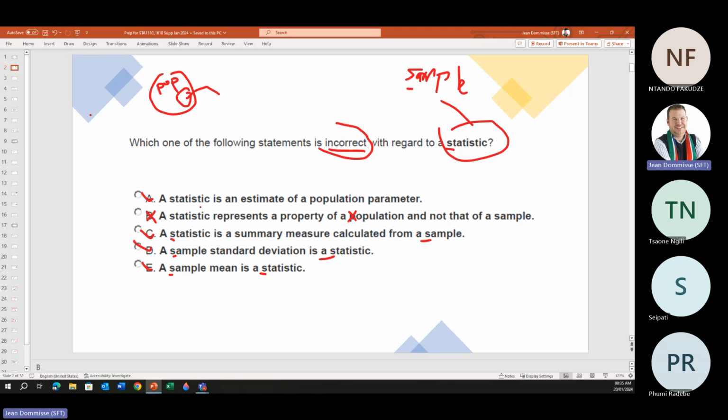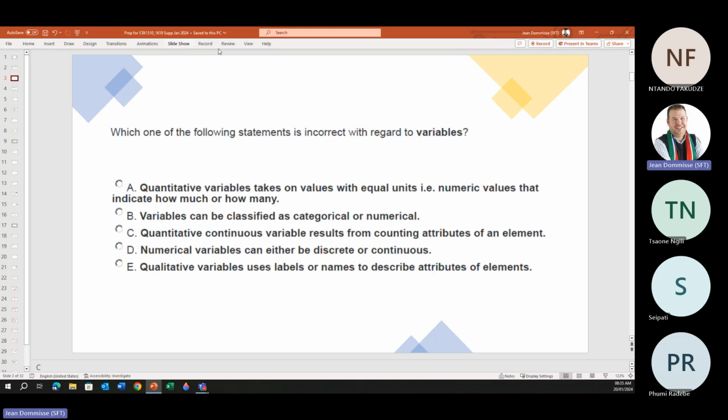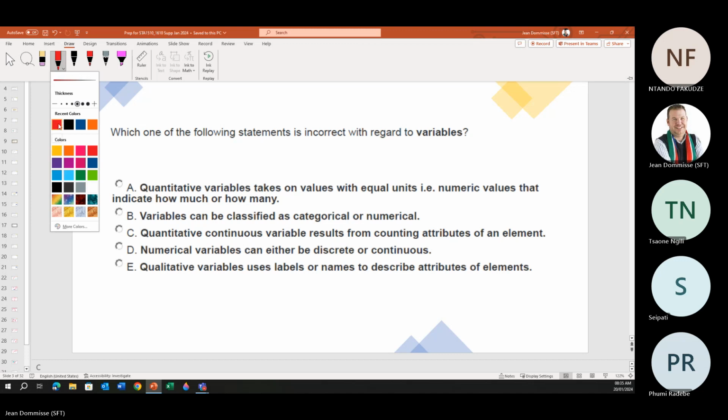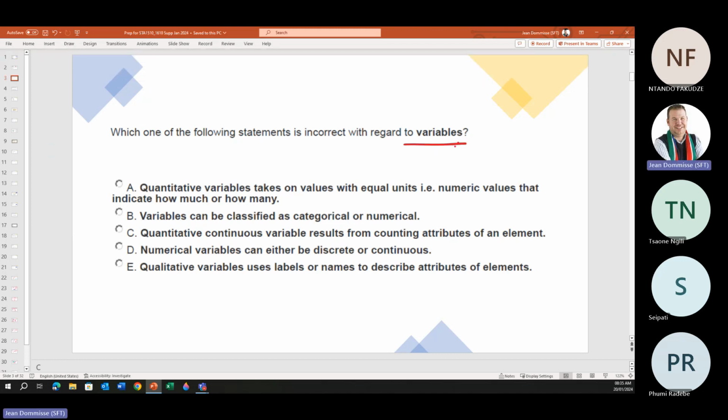Okay, so that was nearly the start of study unit 1. From there in study unit 1, we go into different types of variables. In this instance, again, they ask which one of the following statements is incorrect.